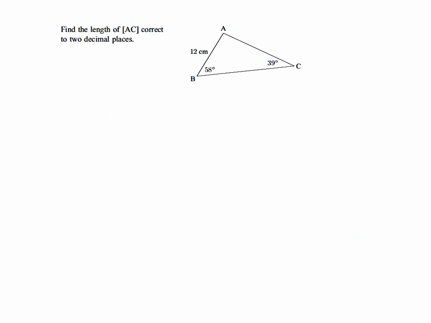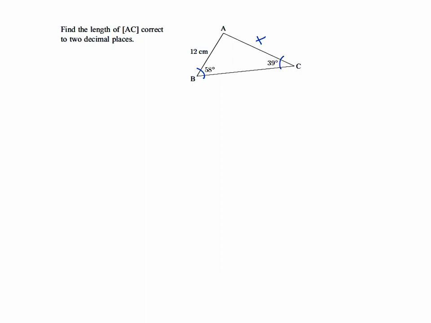Find the length of AC correct to two decimal places. We're given angle B is 58 degrees. We're trying to find AC, which we're going to let be x. We're also given angle C, which is 39 degrees, and opposite of that would be 12.